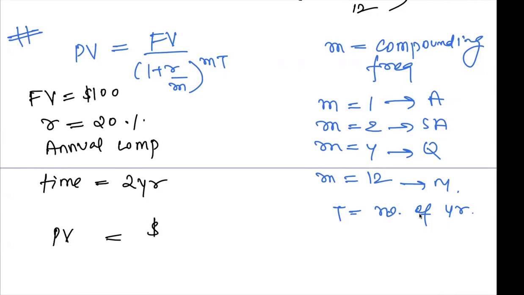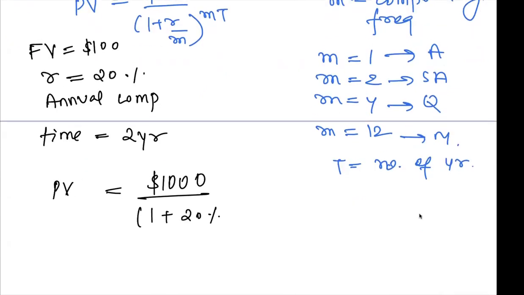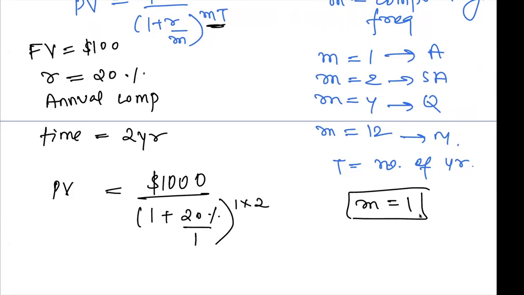Can you tell me what will be the formula here? 1000 by 1 plus R, which is 20%. Here what will we get? Annual compounding. Yes, M is 1 because it's annual compounding. So 20% divided by 1. What is M times T? 1 into 2 years.